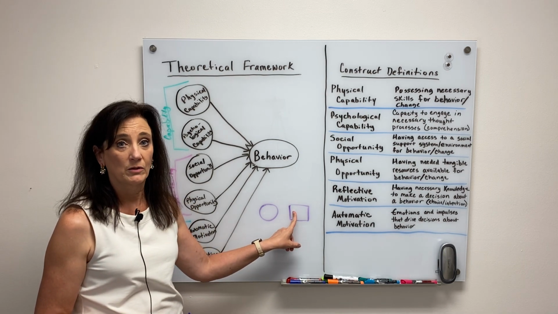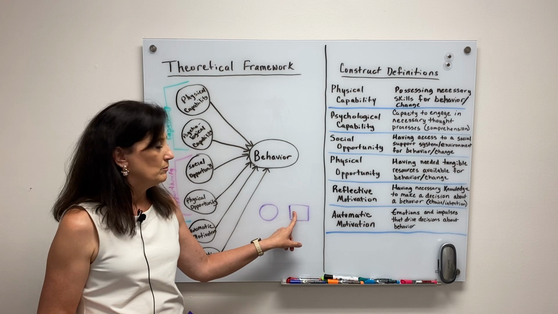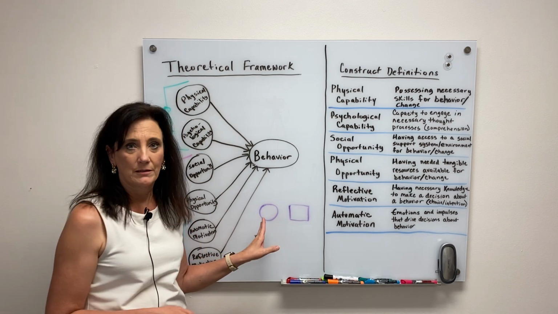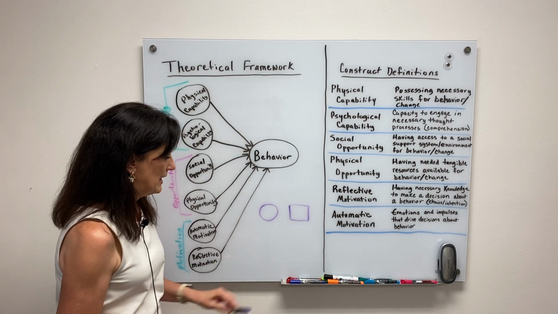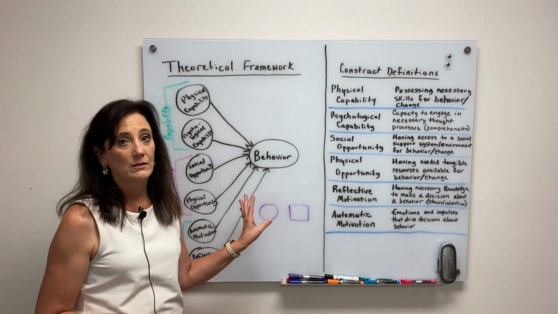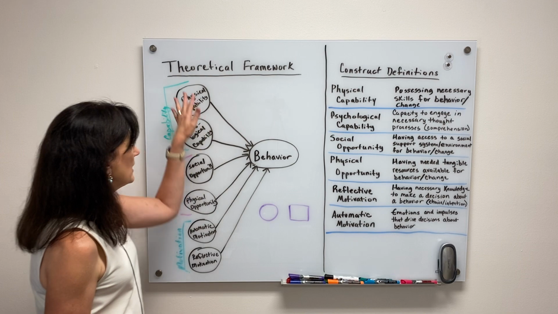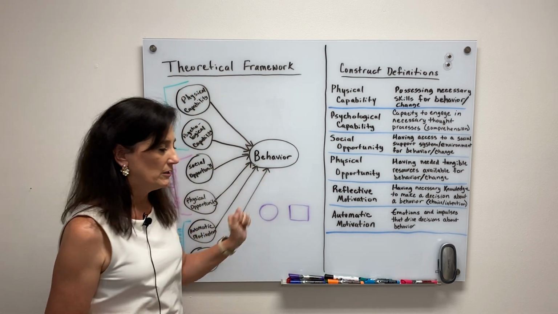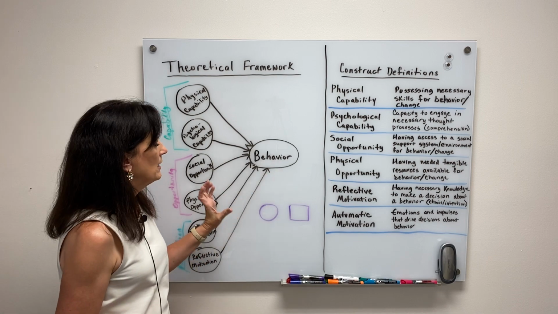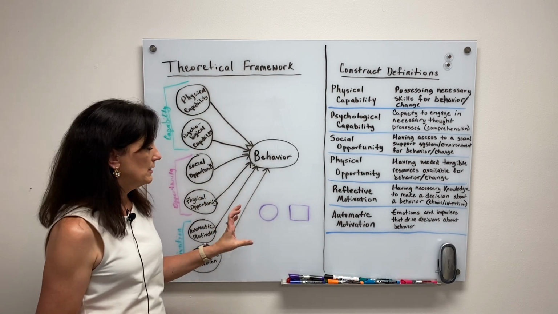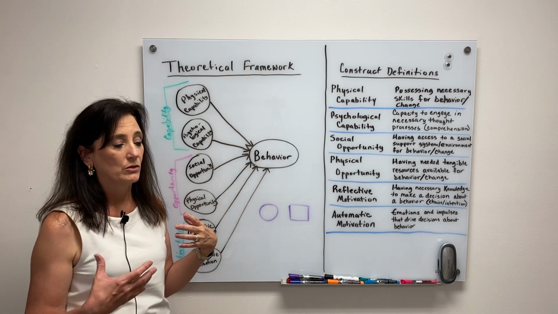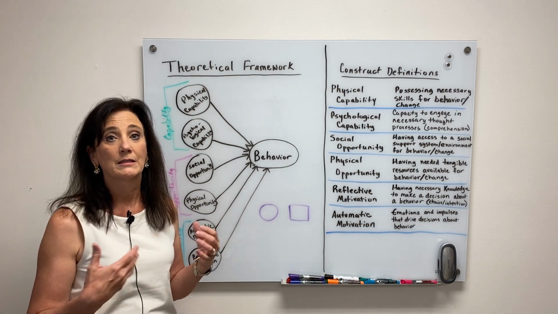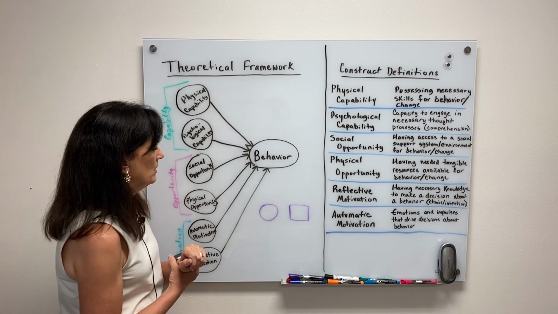You observed the behavior. But more often than not, we don't do our research that way. Instead, we hand out a survey and we say, tell us about your behavior, or tell us about these other variables that may explain your behavior. And when you do that, you're getting into the realm of trying to describe something that's not necessarily observable.